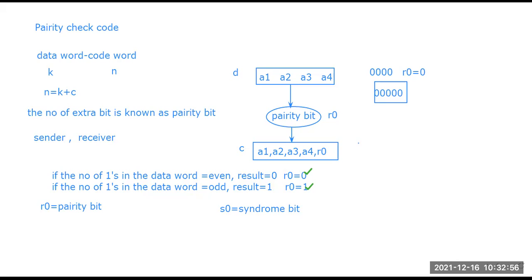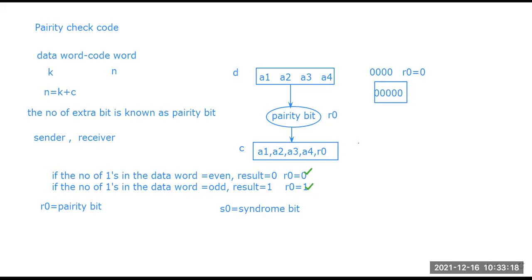But if S0, the syndrome bit, has the value 1, then there is an error in the received code word, and the data portion of the received code word is discarded. So there are two conditions after calculating the syndrome bit.